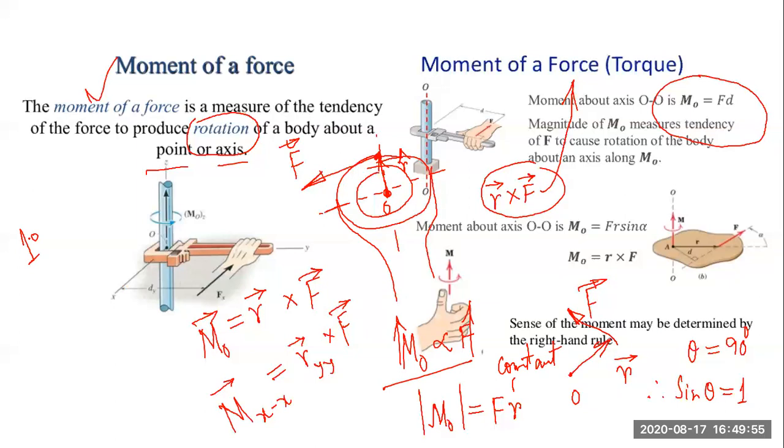The second understanding tells us, you can see, if this is the cork, if this is R, this is point O, that means the center of the cork, and this is your F. Now, first you tell me what is the direction of moment. You can see R is from point O up to the point of F. Now, F is in this way.